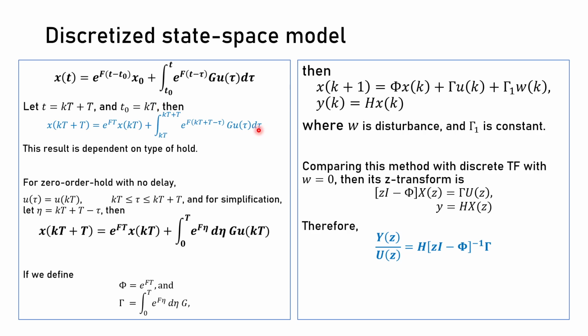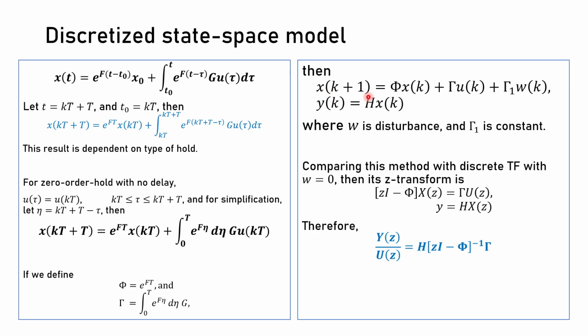But because d tau equals minus d eta, we can switch the integral to become 0 to T, not T to 0. So you have a very simplified form. Then we can denote some other parameters like capital phi and capital gamma, like this.